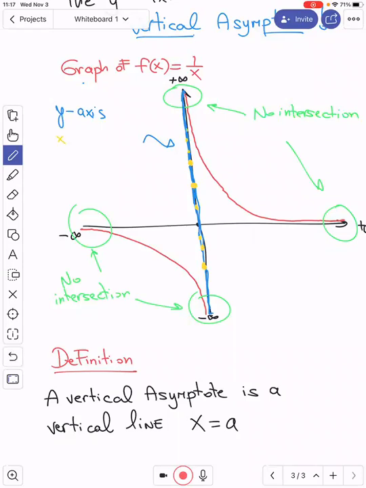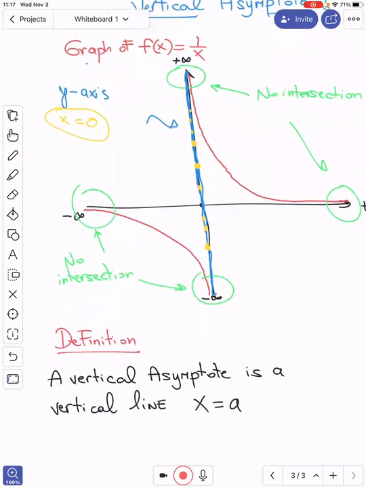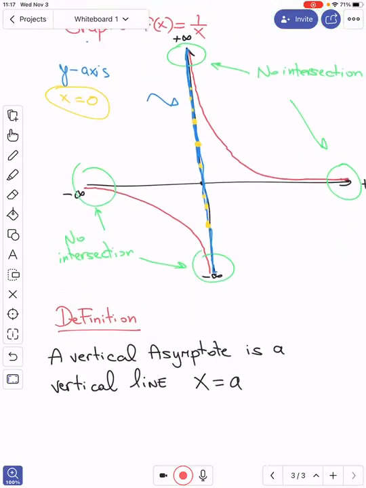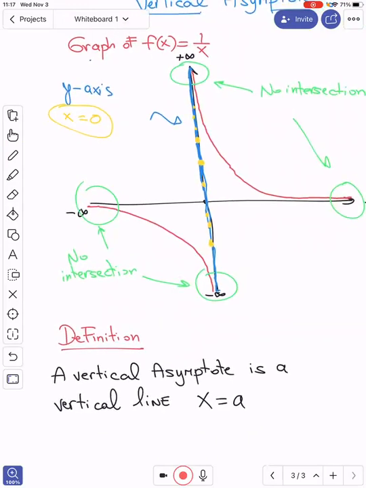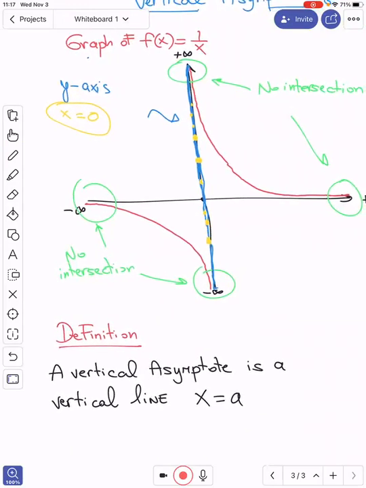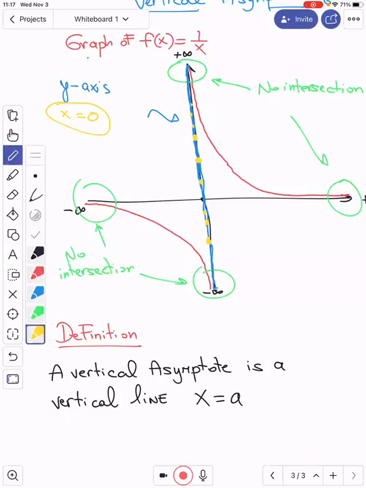So the equation of the y-axis is x equal to 0. Now, a vertical asymptote in general is a vertical line with the equation x equal to a. It means that it passes through x equal to a, like here, the y-axis passes through the point with x equal to 0.